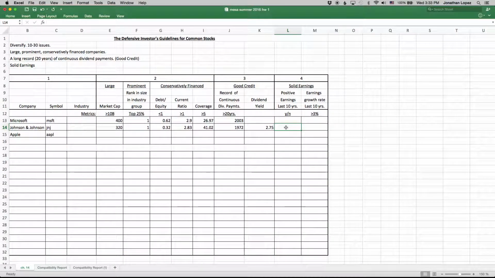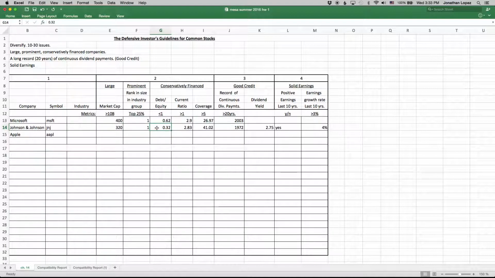So have the earnings been positive in the last 10 years? Yes, and the growth rate has been 4%. And that's what we want to know. We want to find a company that's large, market cap greater than 10 billion. Yes. Prominent, number one in their industry, at least in the top 25, but Johnson & Johnson's number one.